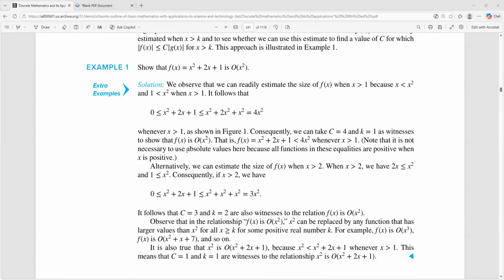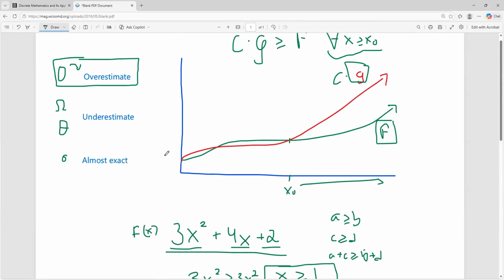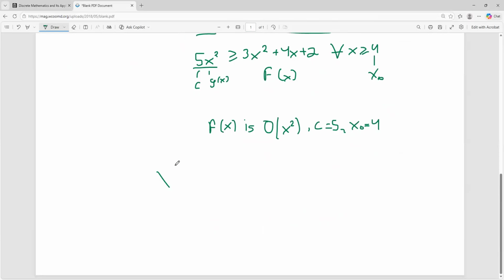How do I word this? Big O's are useful, but if the function you're finding big O of is too high of a bound, it loses its use. So for example, let's say this is x squared.